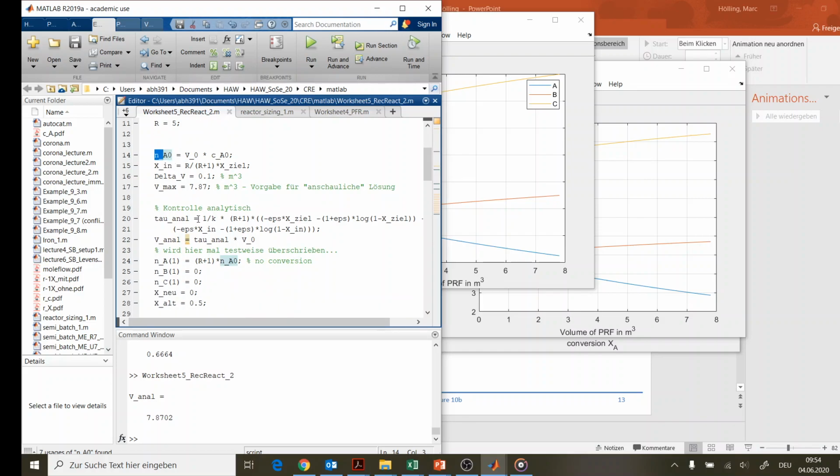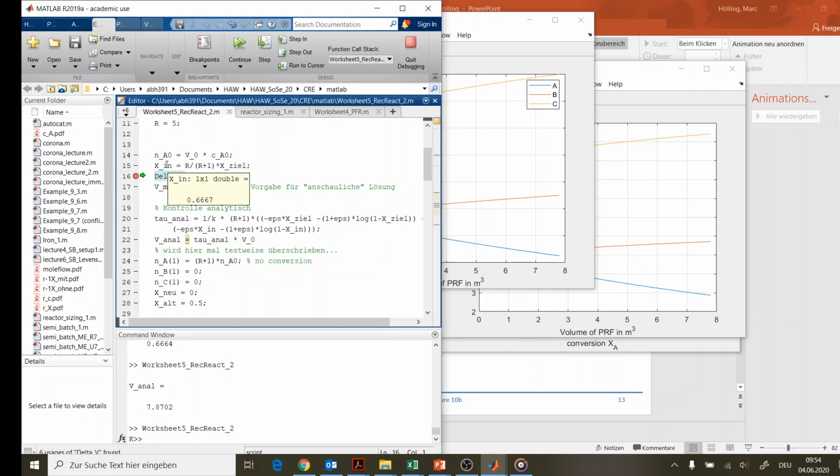Inside the analytical solution I need the inlet conversion. This is the value that we calculated. I can show you. So this is the value of 0.667. Okay. Continue.